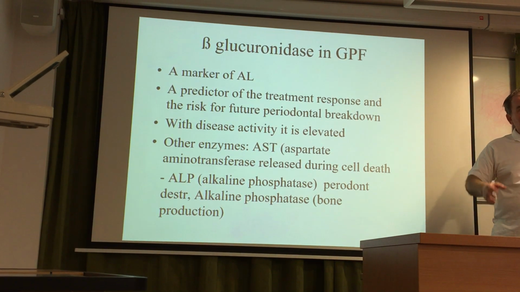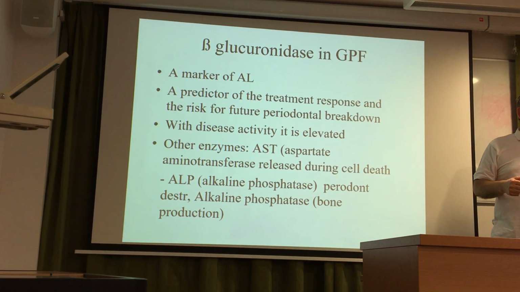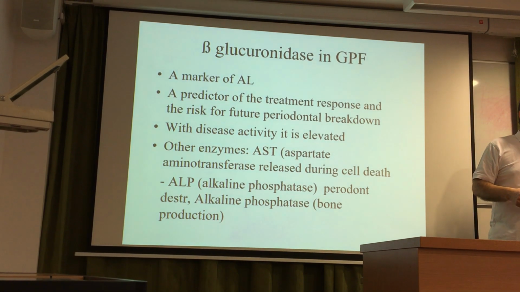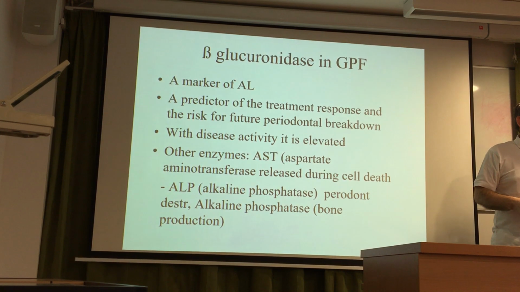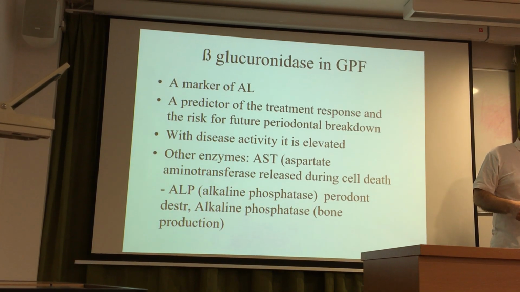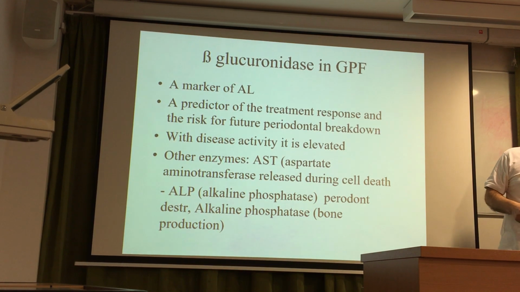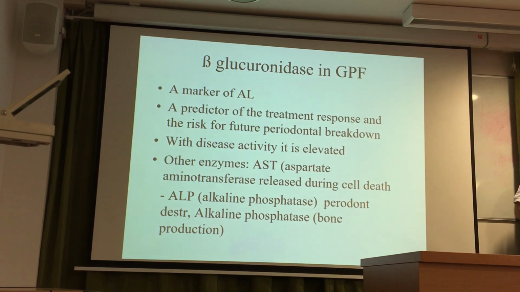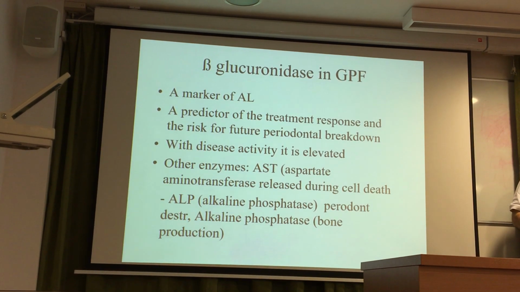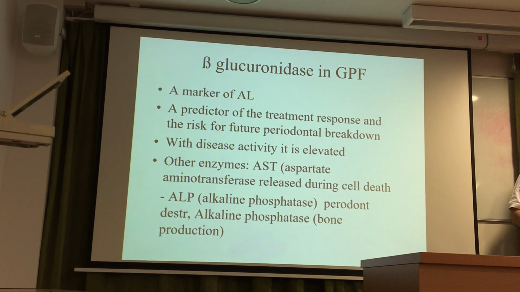But sometimes after clinical examination, it is not clear whether the disease is active or not. For example, when you take an X-ray picture, you can see some changes, bone loss, and so on, but you don't know whether it is active or it just happened in the past, okay?